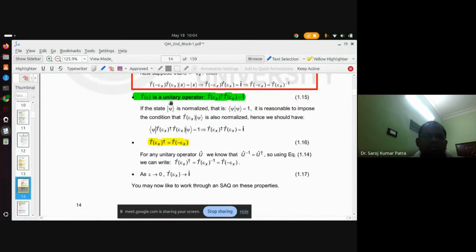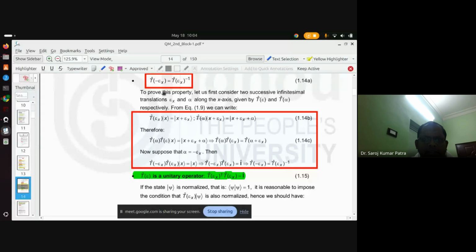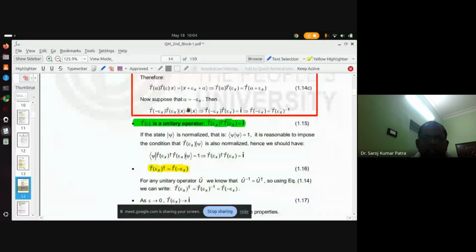So coming back, the translation operator T must be a unitary operator. What does a unitary operator do? T dagger into T must be equal to identity, and here T dagger is nothing but T of minus epsilon x, because we have already seen that T of minus epsilon x is T inverse, and T inverse into T is equal to identity.